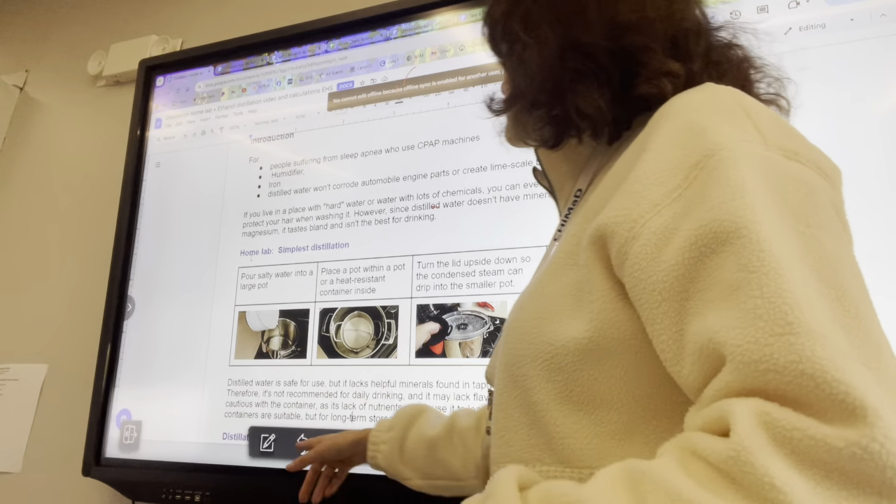So in distillation, we are going to separate substances not by affinities, but we're going to separate based on boiling points, right? But if we have water, just plain water, and we've had all sorts of answers on this in the class.